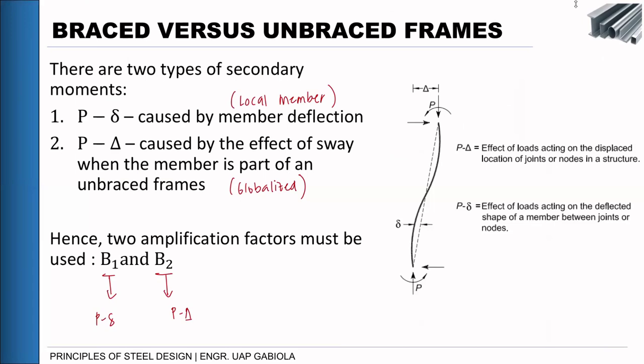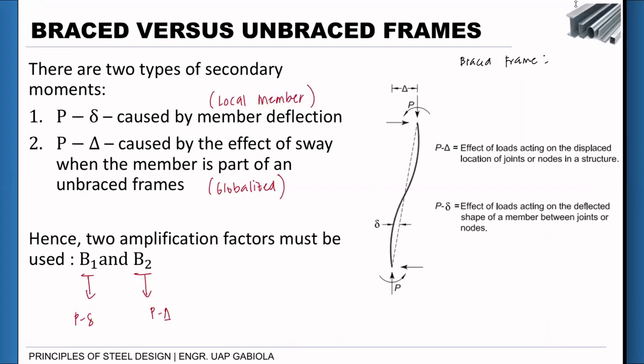Earlier, we mentioned that if it is a braced frame, we have no movement at the other end of our member. So B2 is eliminated. Okay? Only B1 is present. When it is unbraced, our frame needs both B1 and B2, because both secondary effects are present, which are P small delta and P big delta.